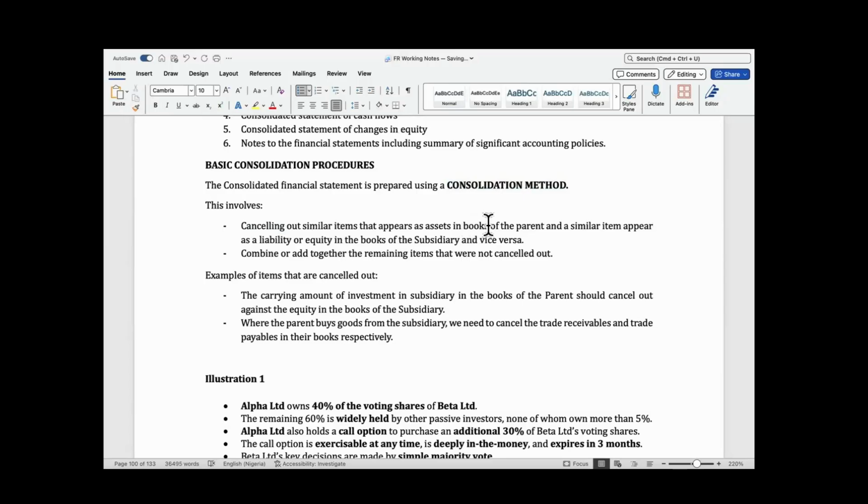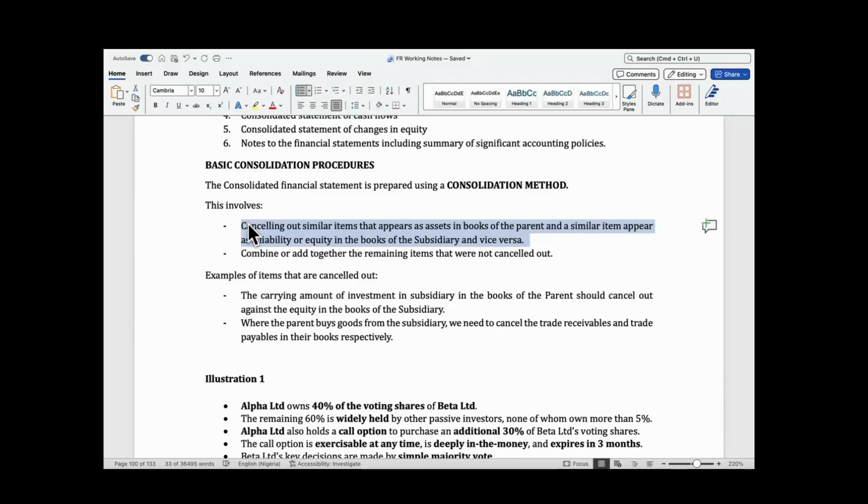that appear as assets in the books of the parent against a similar item that appears as liability or equity in the books of the subsidiary, and vice versa. You cancel them out. Any similar items that appear in the books of the parent as an asset, and the same item is appearing in the books of the subsidiary as a liability or equity, cancel them out.